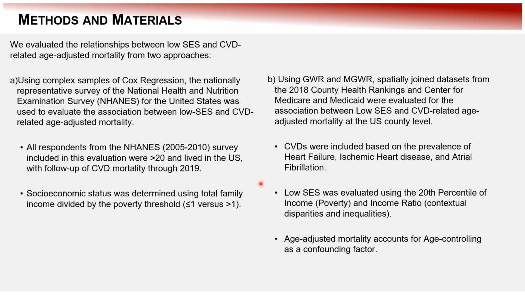To this effect, we included the prevalence for cardiovascular diseases such as heart failure, ischemic heart disease, and atrial fibrillation. Low socioeconomic status was assessed using the percentage of population living under the 20th percentile of income, representing poverty, and high income inequality represented through income ratio, and that points to the contextual disparities and inequalities. Age-adjusted mortality accounts for the age controlling as a confounding factor.